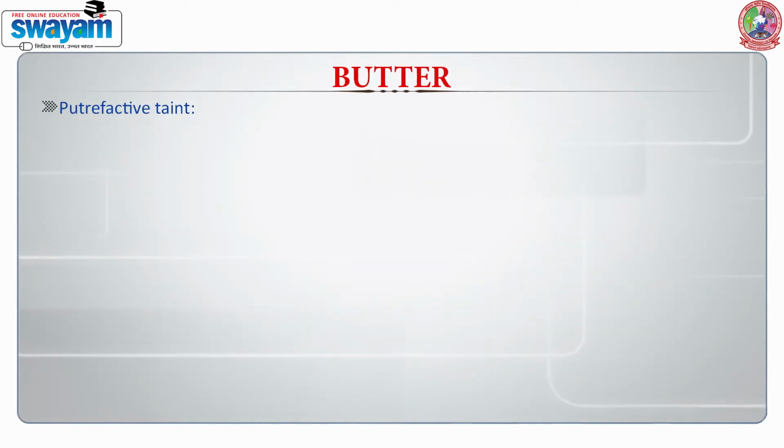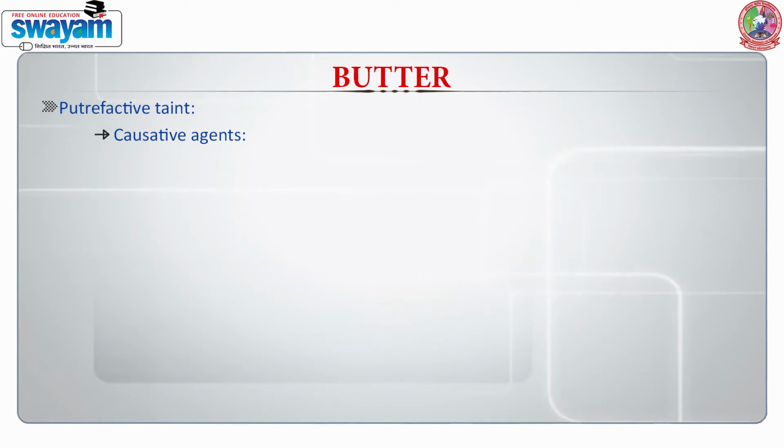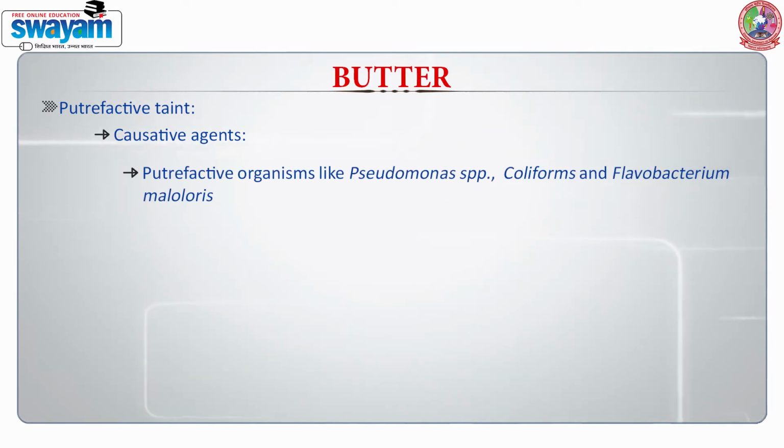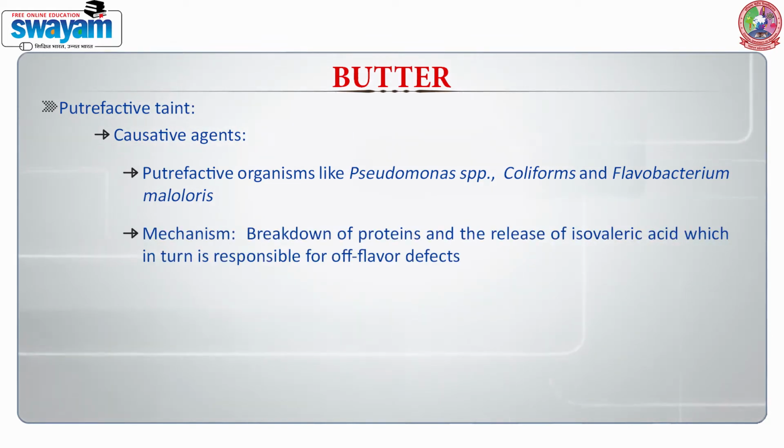Now coming to the next defect, which is associated with butter. Butter is associated with various types of taints. Taints are various types of off flavors, and these are caused by putrefactive organisms like Pseudomonas species, coliforms and Flavobacterium. These taints are usually due to the breakdown of proteins, and there is a release of isovaleric acid, which is in turn responsible for off flavor defects.